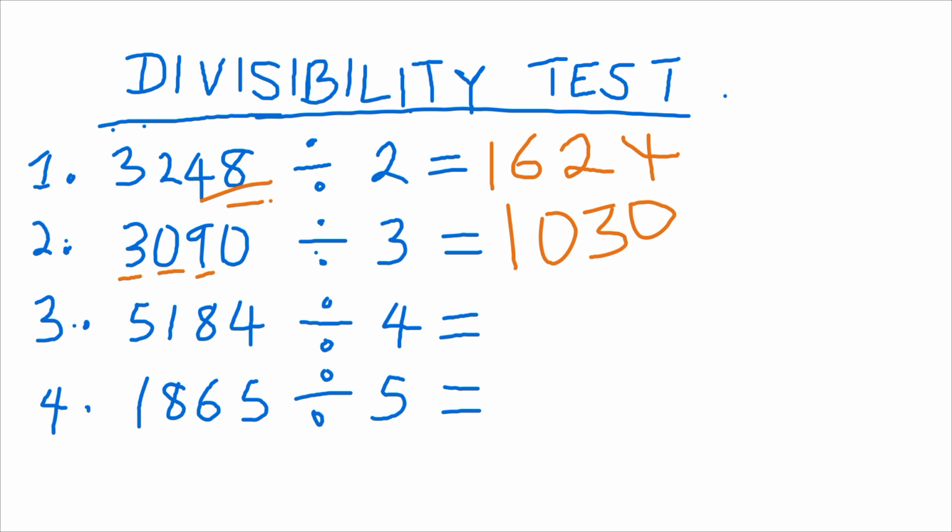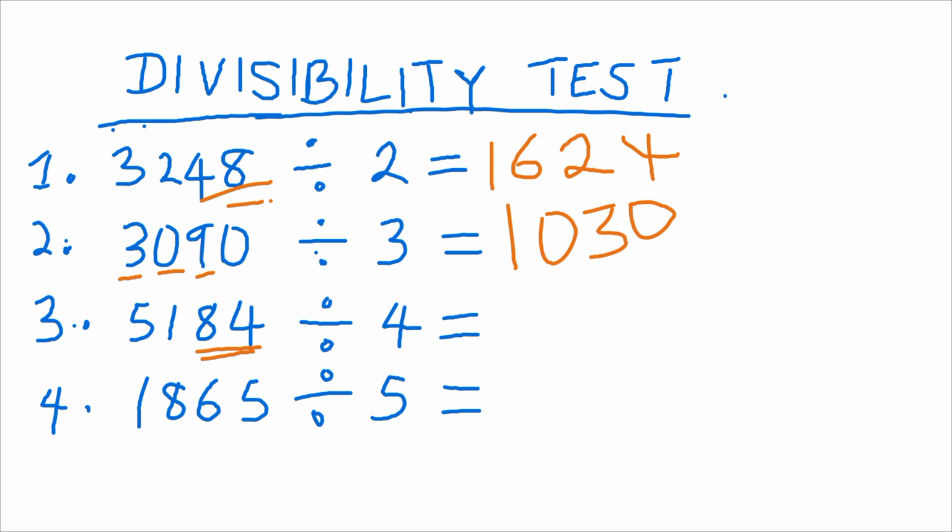Then the next one is divisibility by 4. How do you know if a number is divisible by 4? What you simply need to do is to check the last 2 digits. If the last 2 digits form a number that is divisible by 4, then you know that that number as a whole is divisible by 4. So 84 here can divide 4 without any remainder.